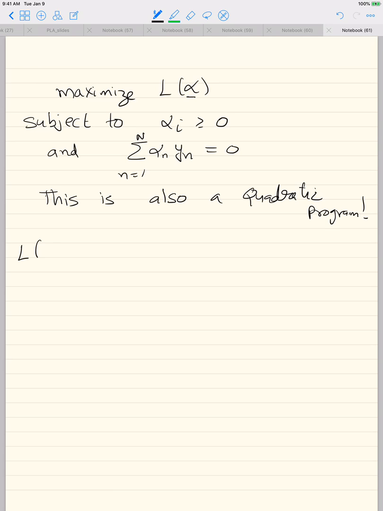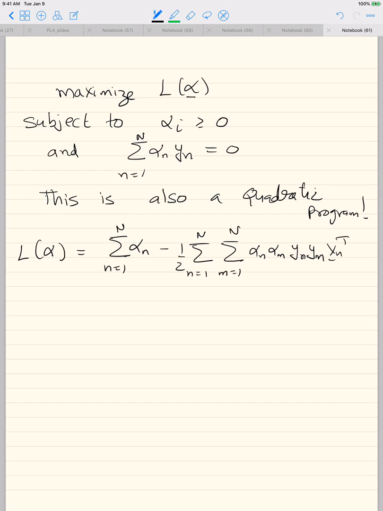We can write L of alpha, which is this quantity, in the form P transpose alpha minus half alpha transpose M alpha, where P is the all-ones vector, which is how we get the summation over alpha n's.